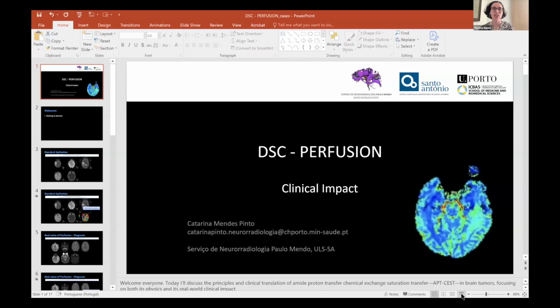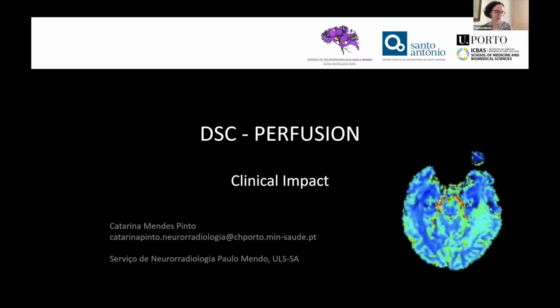Catarina has a master's degree in medicine from the ICBAS and a master's degree in medical physics from the Faculty of Sciences of the University of Porto. She has been a neuroradiology consultant at Centro Hospitalar do Porto since 2022 and is an invited assistant professor of imaging semiotics at ICBAS at the University of Porto.